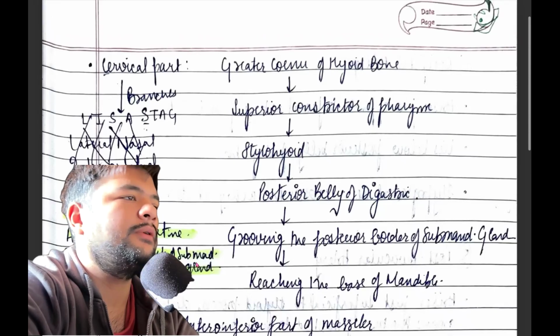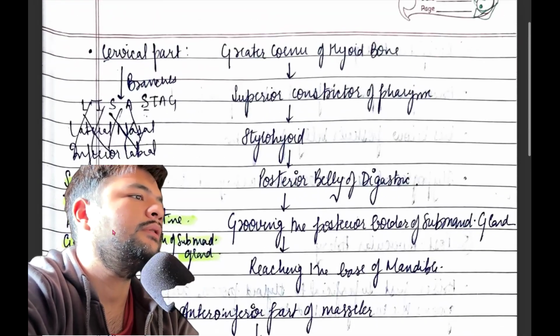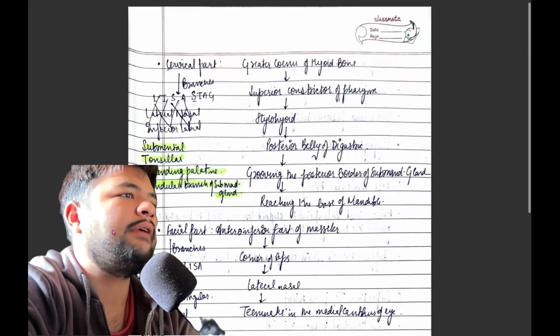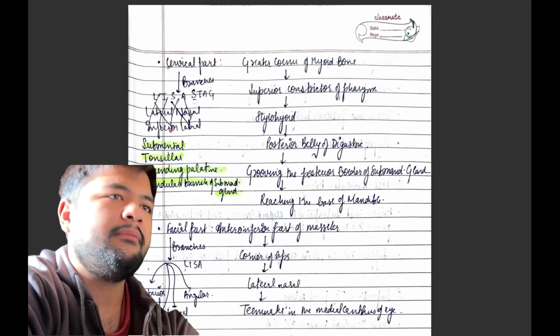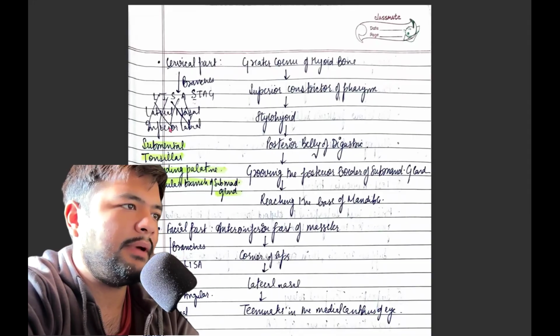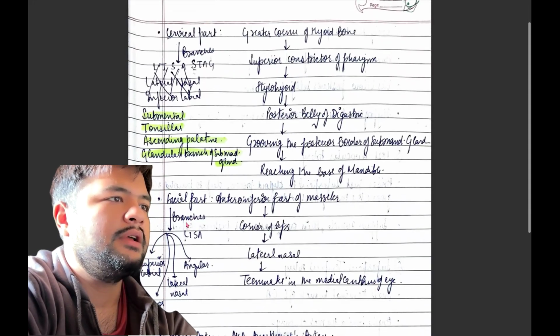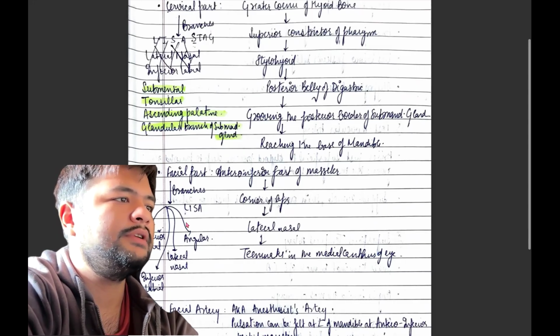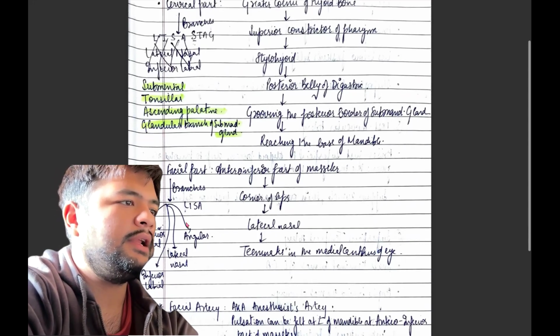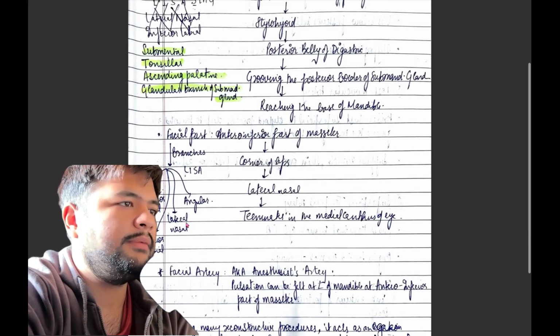Let's recap. The cervical part has four branches, the STAG: submental, tonsillar, ascending palatine, glandular branch of the submandibular gland. Then the facial part has branches: lateral nasal, inferior labial, superior labial, and angular.